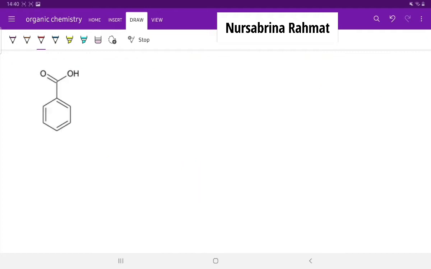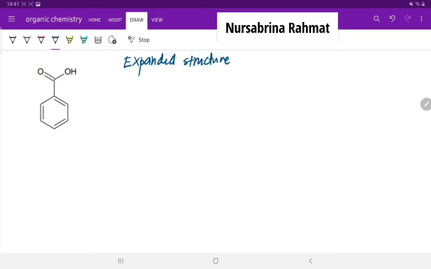Now, given the skeletal structure, you need to come up with the expanded structure as well as the condensed structure. So let's do the expanded structure first. Expanded structure means you need to show all the bonds, how the atoms are connected with each other. So we have here 1, 2, and then this is your benzene ring.